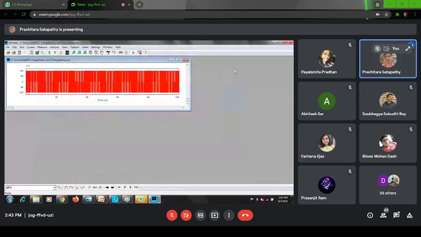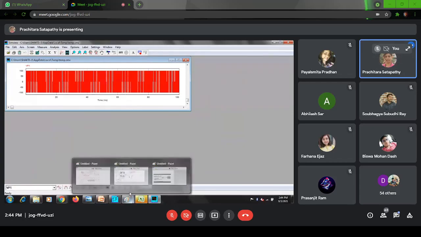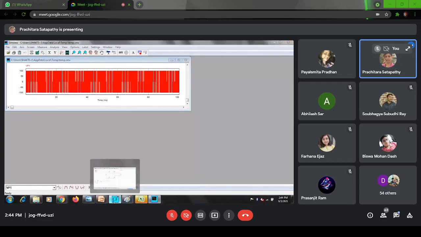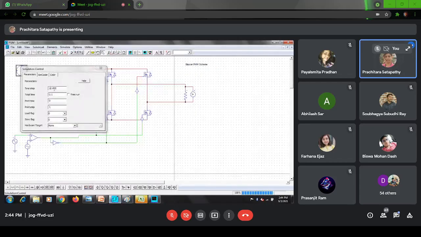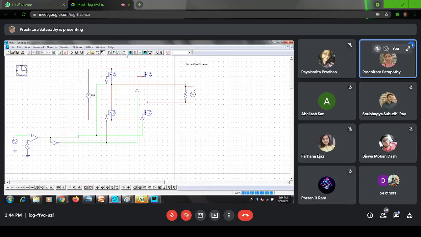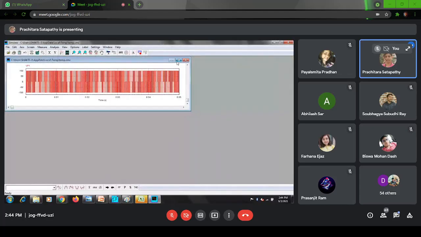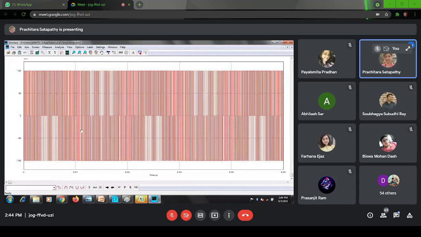You see, 1 second is too much. Take 0.1, or rather 0.05. Now you at least have to zoom it. 0.05. Okay, you can see the pulses now, yes or no?